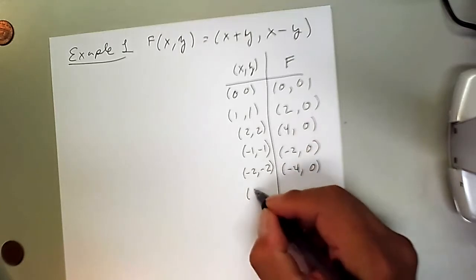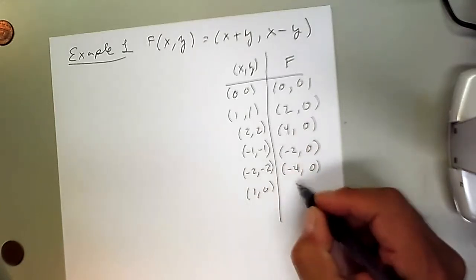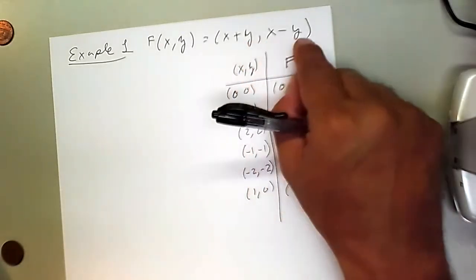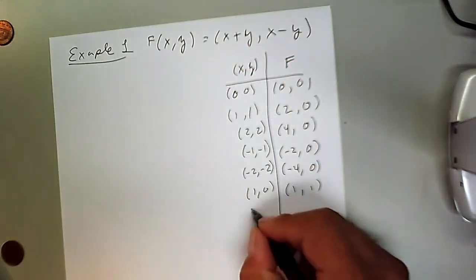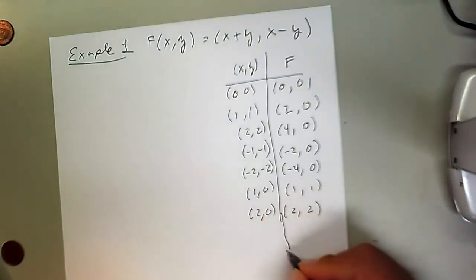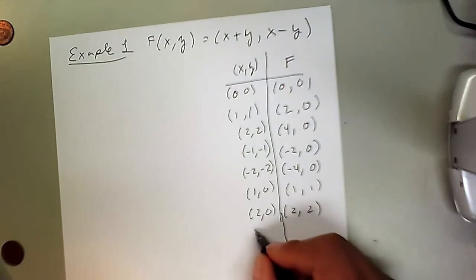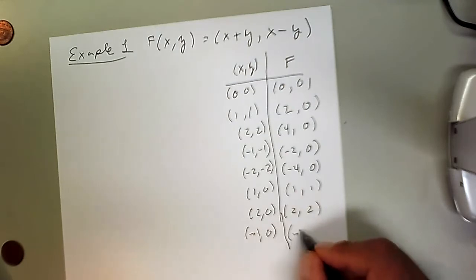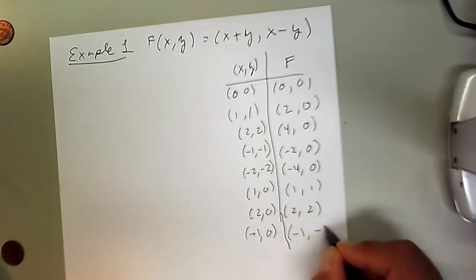How about 1, 0? Well, that's going to give us 1, 1, because 1 plus 0 and 1 minus 0 is 1, 1. How about 2, 0? That's 2, 2. That is interesting. How about negative 1, 0? That's going to give us negative 1, negative 1.